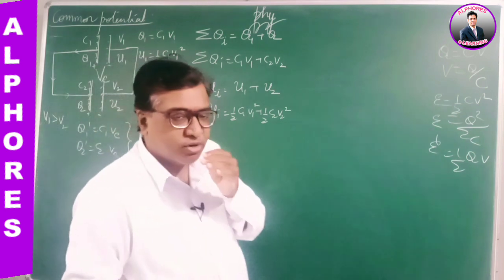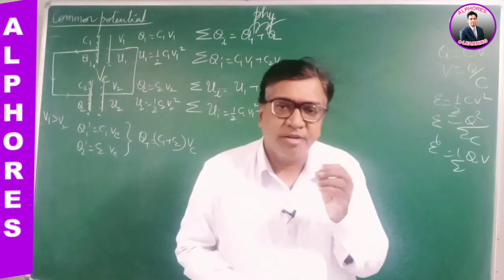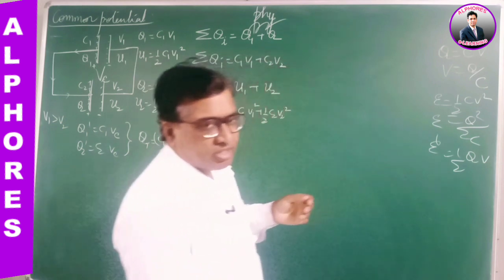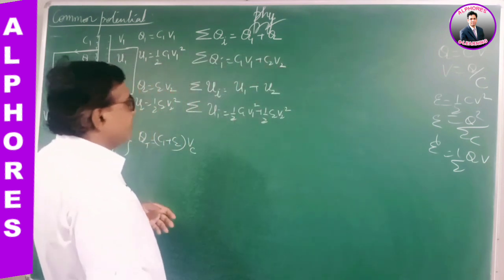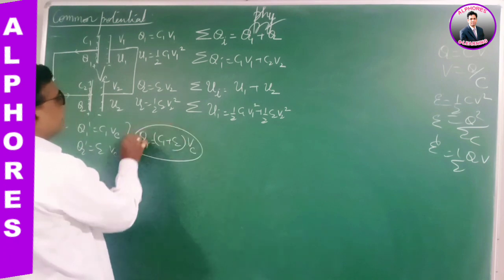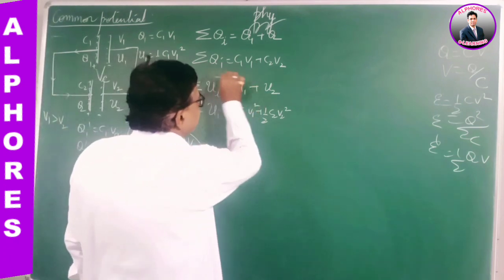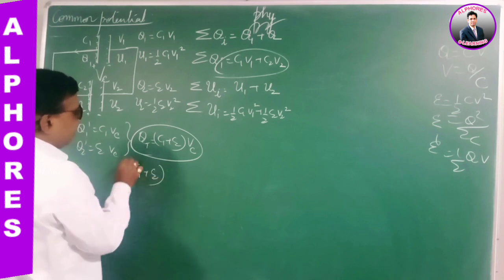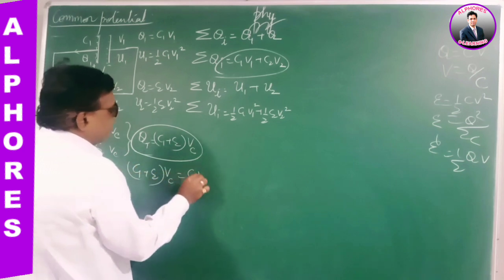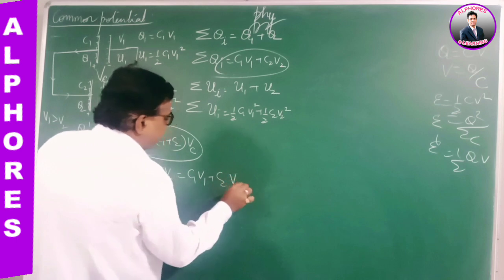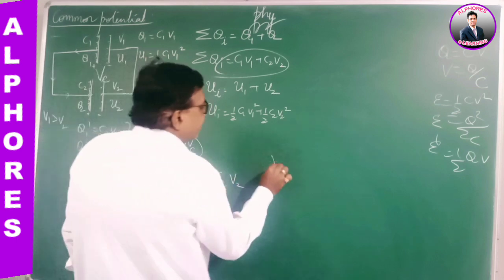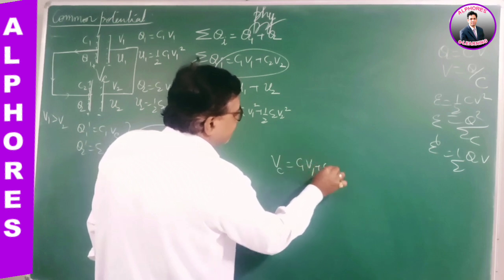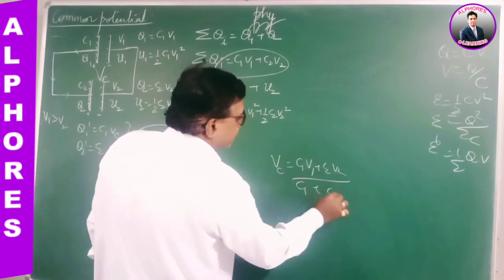According to the law of conservation of charge, charge can neither be created nor destroyed. Whatever the process, the total charge remains constant. Therefore, the total final charge will be equal to the total initial charge. Equating both, (C1 plus C2) into Vc is C1 V1 plus C2 V2. Taking it to this side, I get Vc as (C1 V1 plus C2 V2) divided by (C1 plus C2).